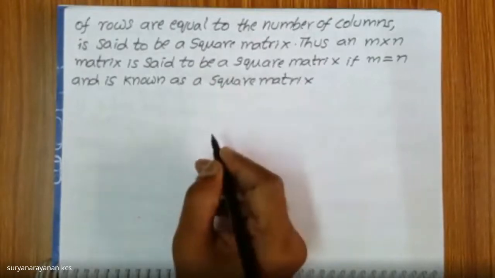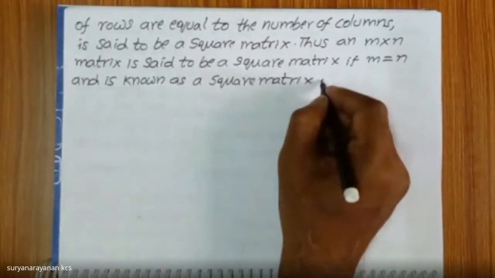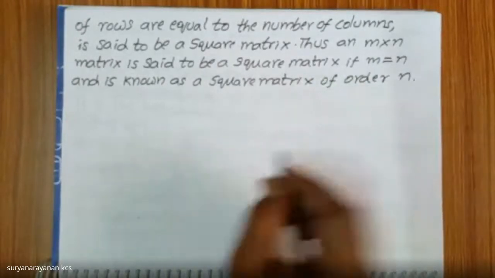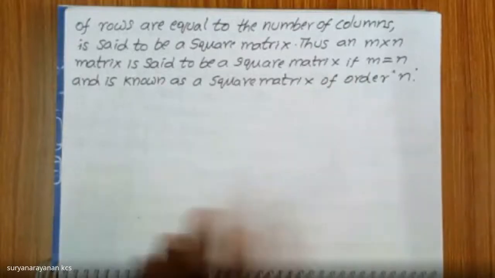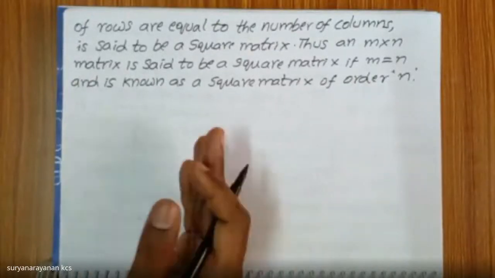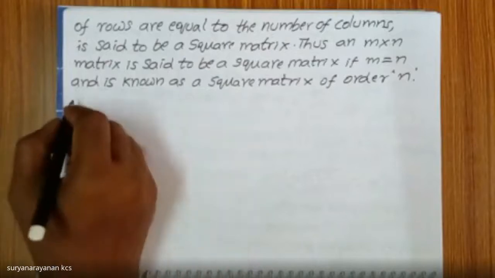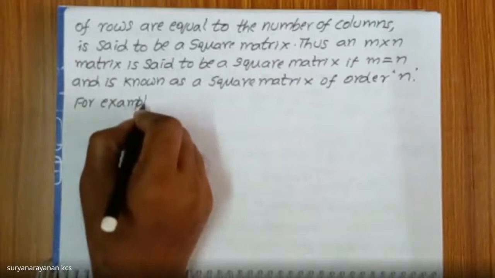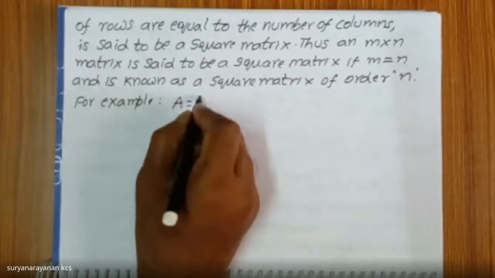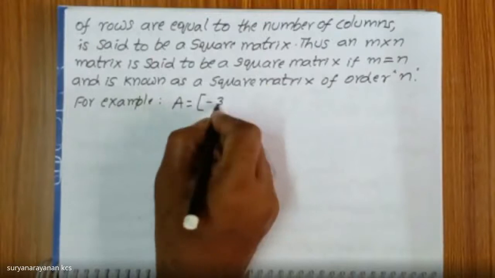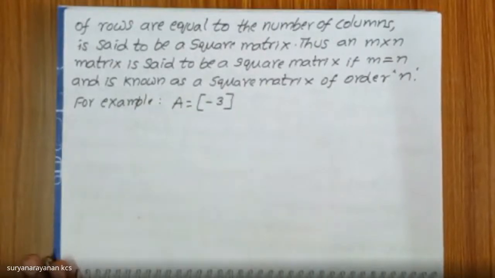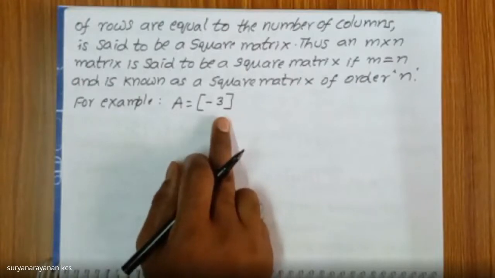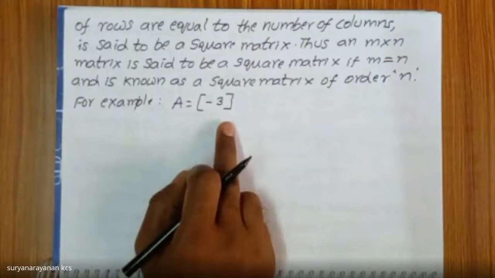A square matrix of order n. No need to tell the second number because the number of rows and number of columns are equal. For example, what is the order of this matrix? How many rows are there? One, sir.